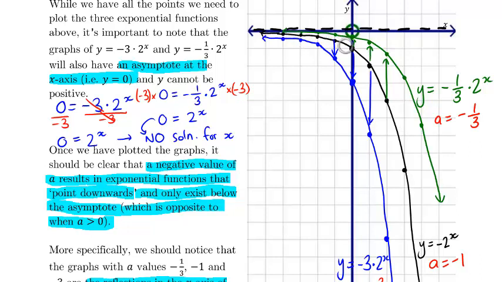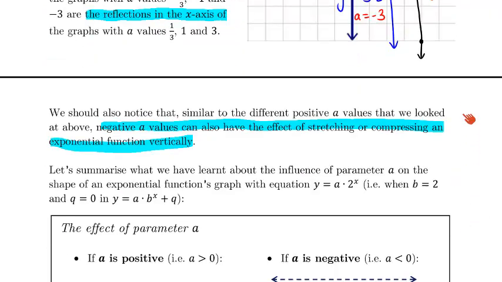In other words, it changed the steepness of our function. The more negative we went, the steeper our function got more quickly, whereas the less negative, in other words, an a value closer to 0, made it that our graph didn't get as steep as quickly, similar to the positive a values.